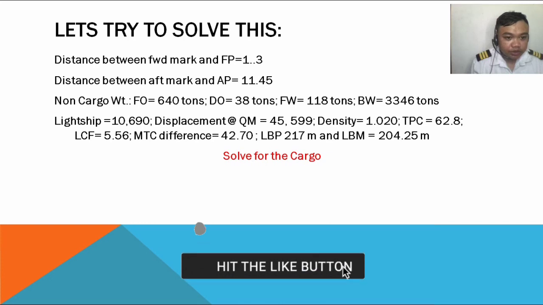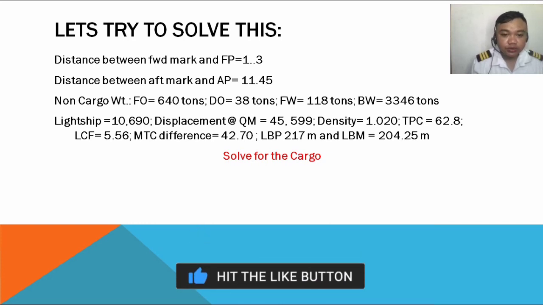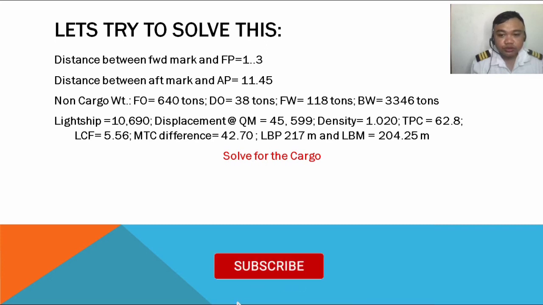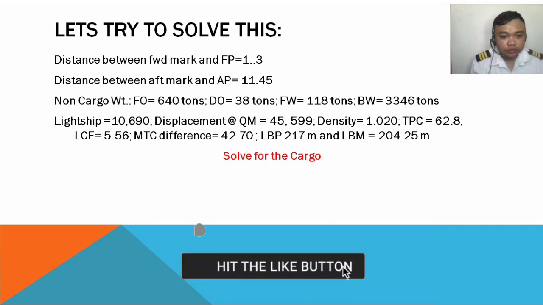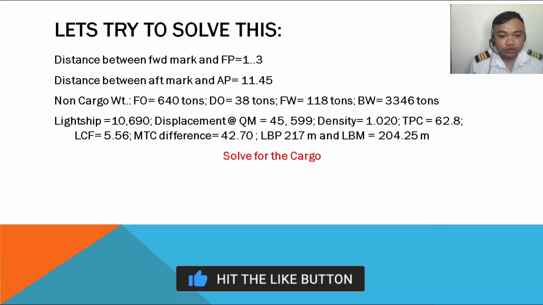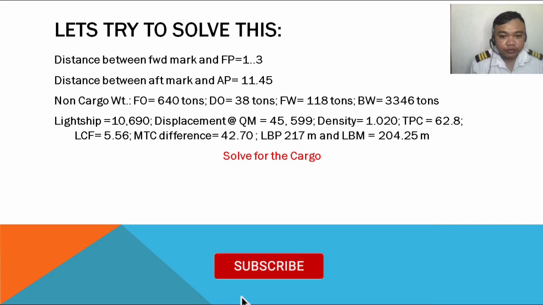Next we have the non-cargo weight: we have the fuel oil, the diesel oil, the fresh water, the ballast water, and also the light ship displacement of the vessel. Then we also have the given tabulated displacement at quarter mean.